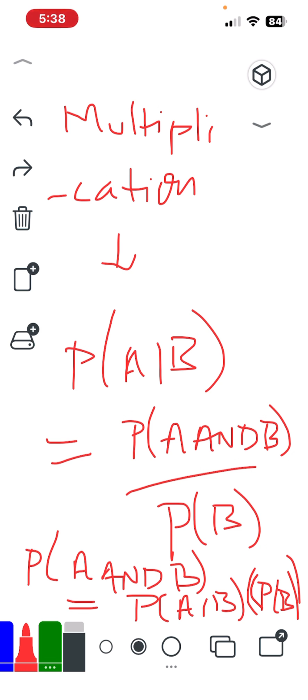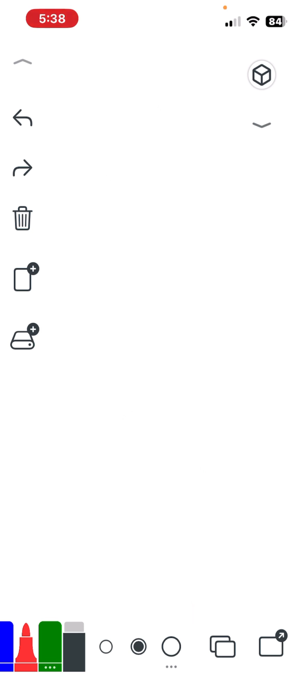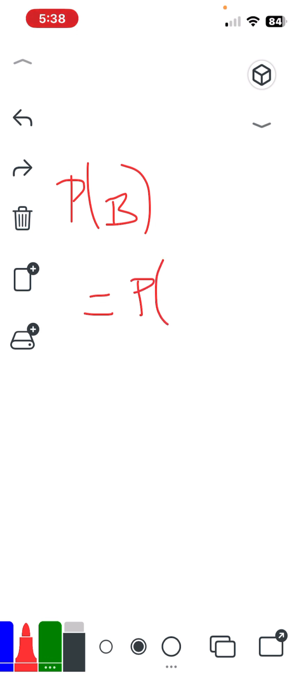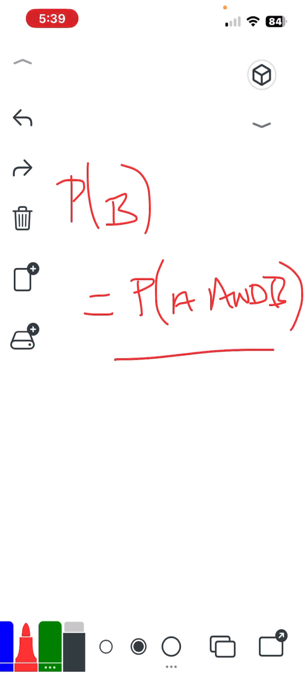If you're trying to figure out P(B), okay, this has to do with event B. Okay, so event B will be the outcome of P(A and B) divided by your P(A|B).